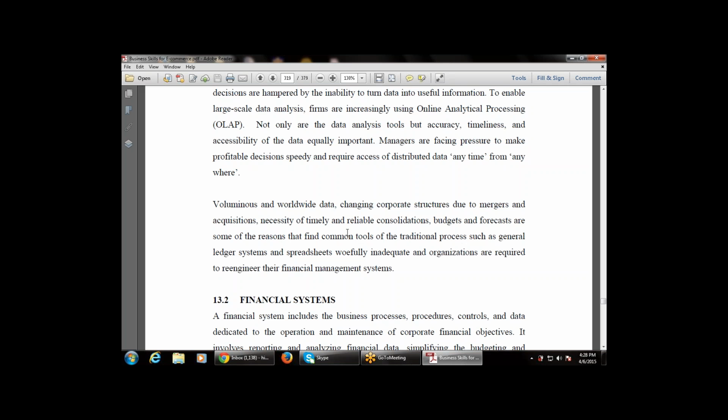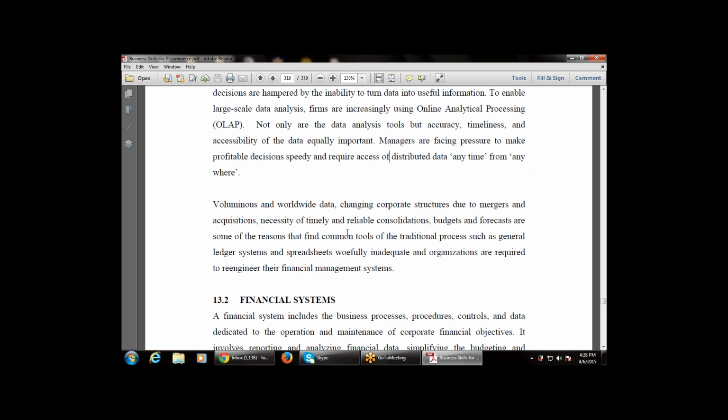What is a procedure, control and data? That is a financial system.